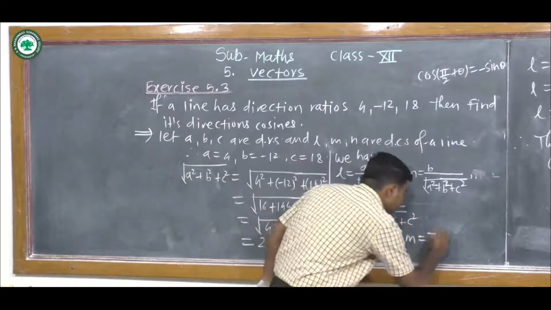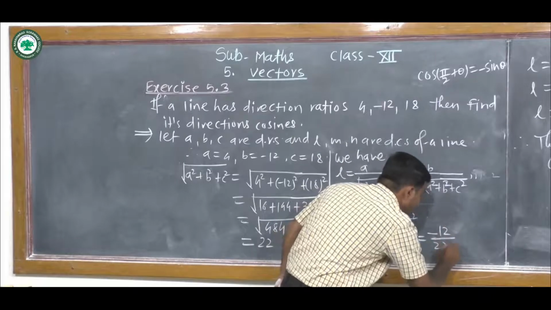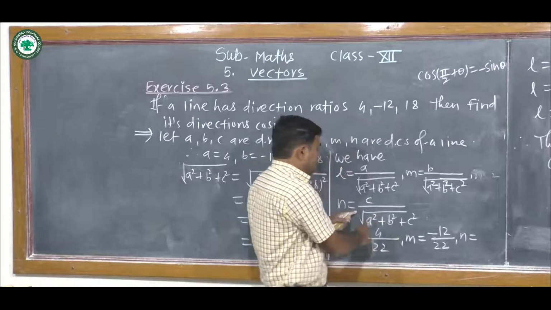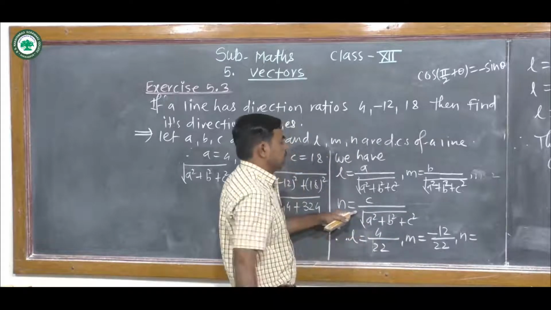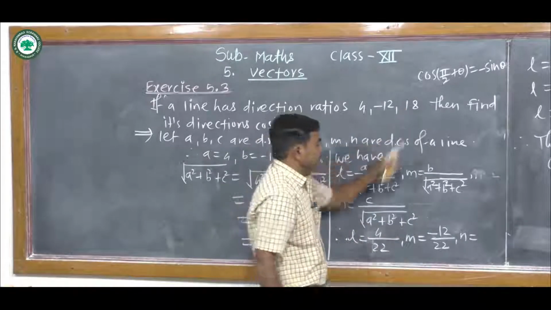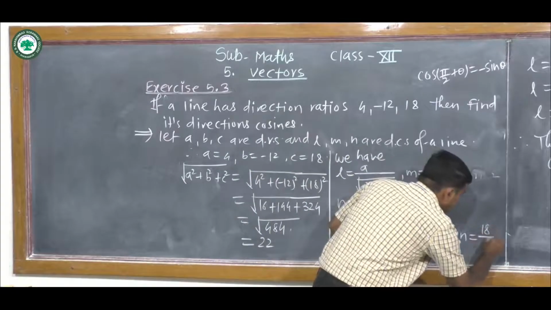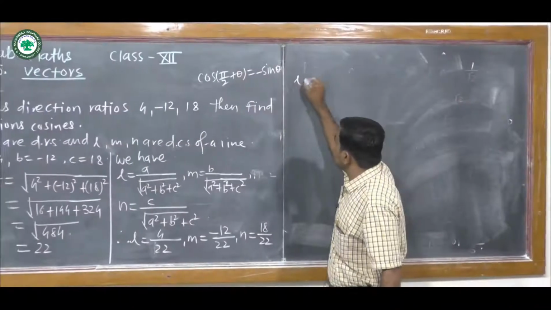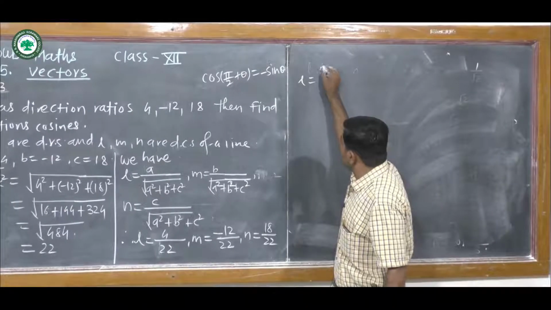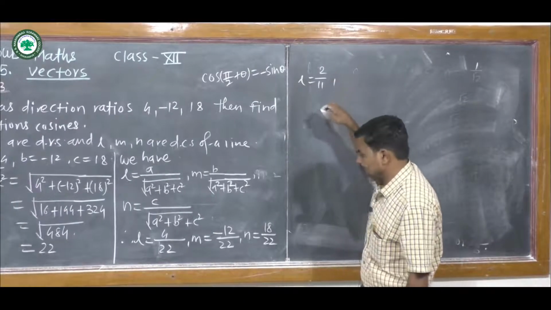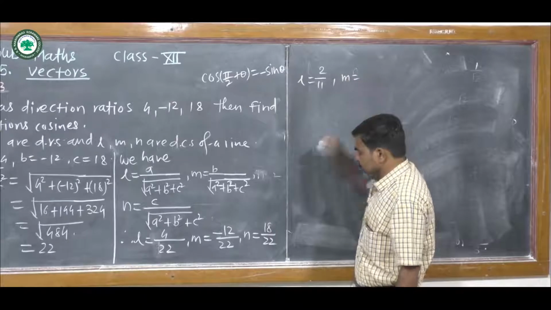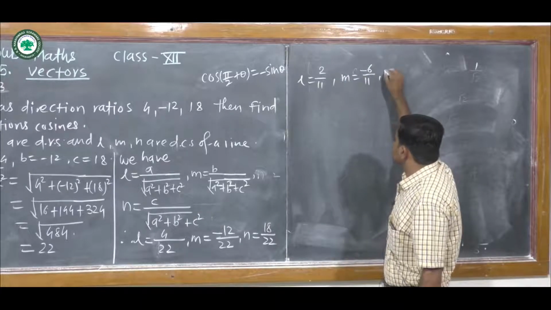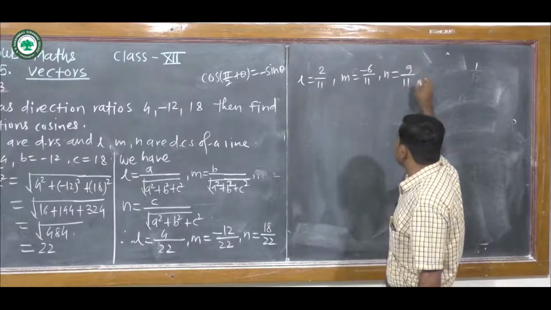It is minus 12 divided by 22, and n is equal to c divided by square root of a square plus b square plus c square. What is c? 18. So 18 divided by 22. So therefore l is equal to 2 divided by 11, m is equal to minus 6 divided by 11, and n is equal to 9 divided by 11.